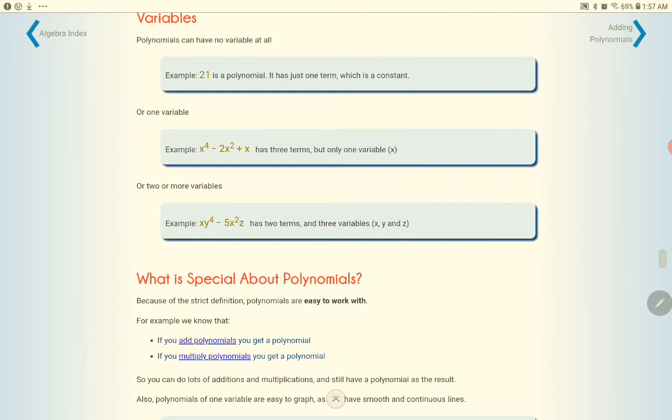So why are polynomials so special? As you can see, they have certain rules to keep them looking simple. You can add them, subtract them, and multiply them, and when you get results, you'll still have another polynomial.